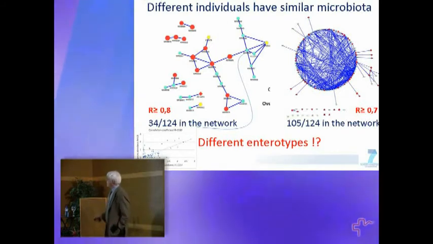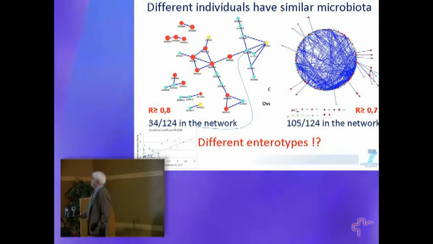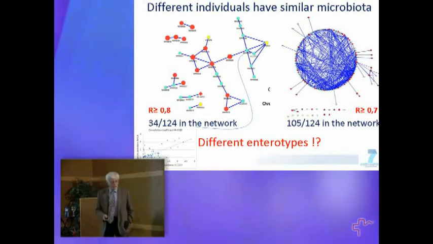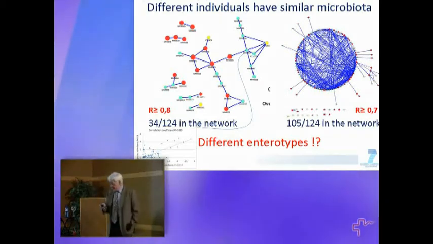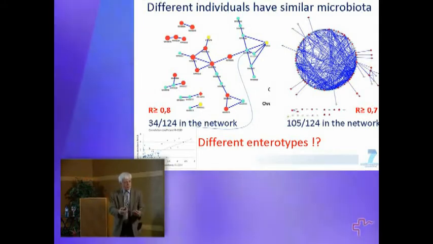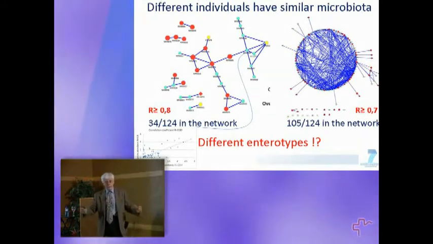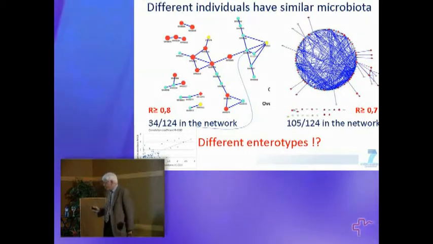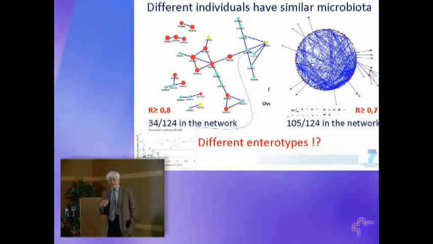And the other part, well, they're interspersed. So maybe one should try to analyze, compare their microbiota, not across the whole cohort, but trying to choose individuals which are more similar.